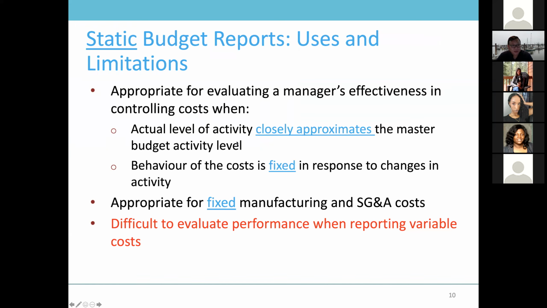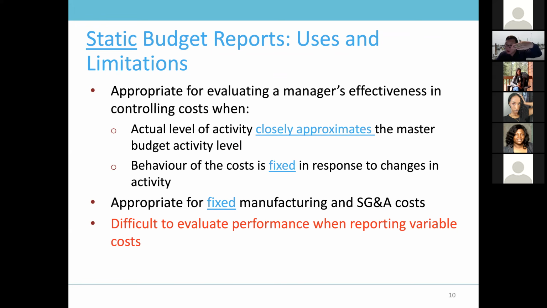Okay, so when do we use the static budget report? Okay, so you can see this is static, right? Static means it doesn't change, right? It's fixed. So therefore, this budget report is good for cost that is fixed. Okay, it's not good for variable costs, right?